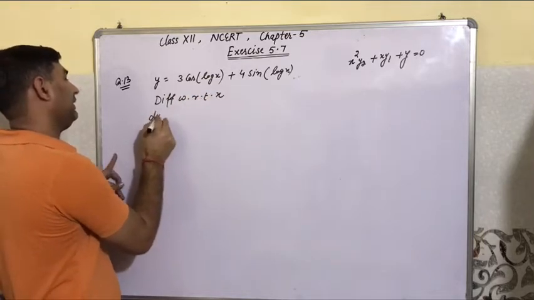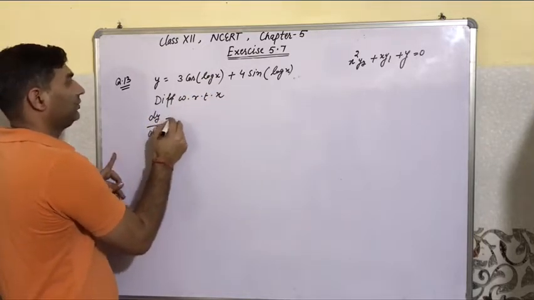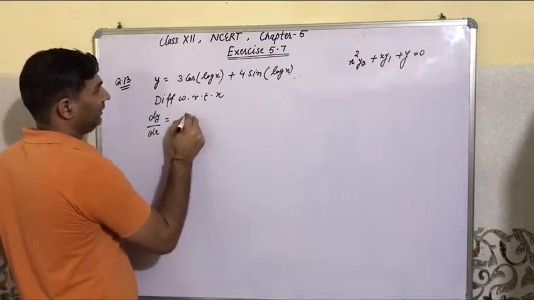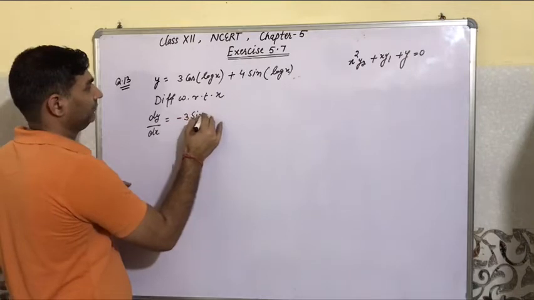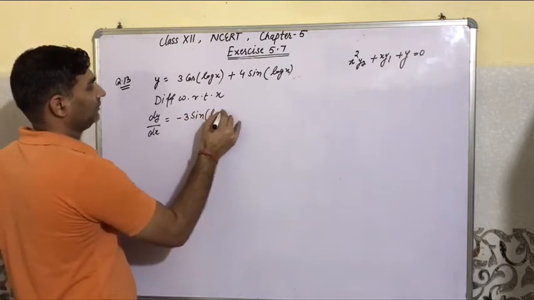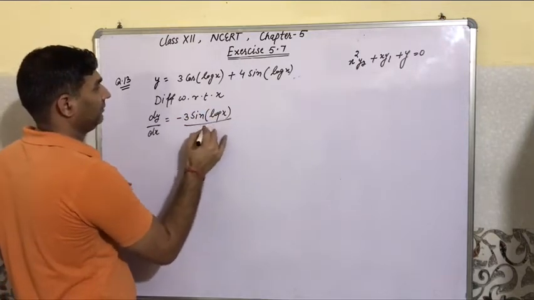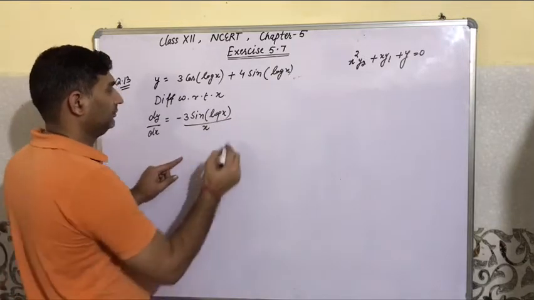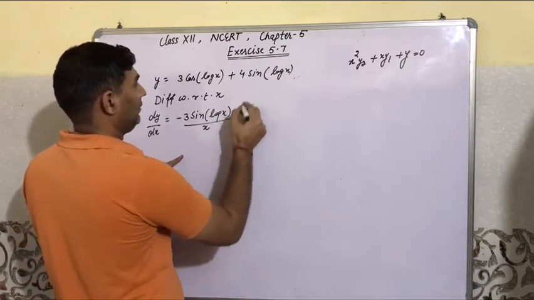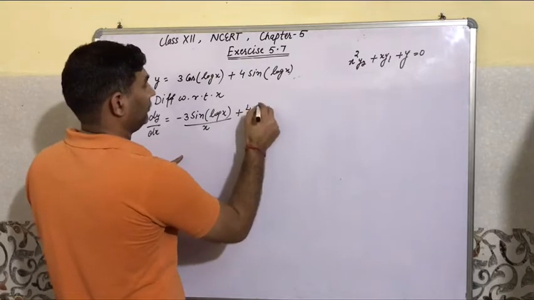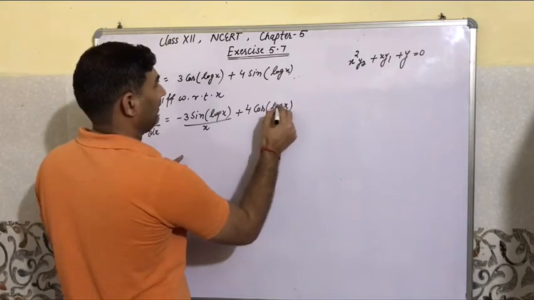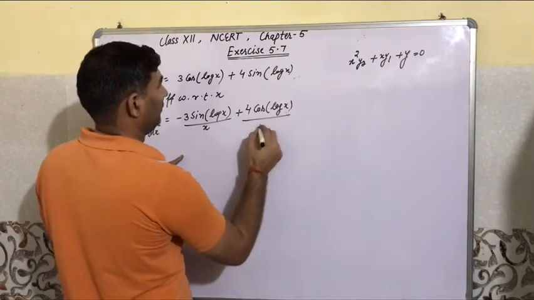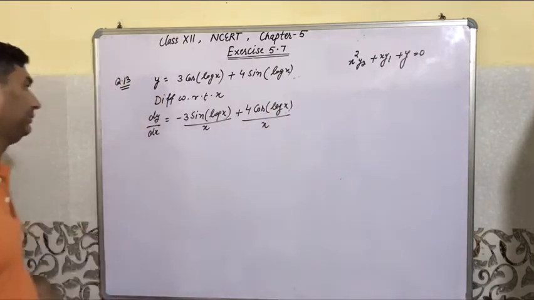Then dy by dx is equal to this 3 cos का derivative minus sin log x, and log x का derivative 1 by x. The sin का डेरिवेटिव cos log x, and log x का डेरिवेटिव 1 by x.